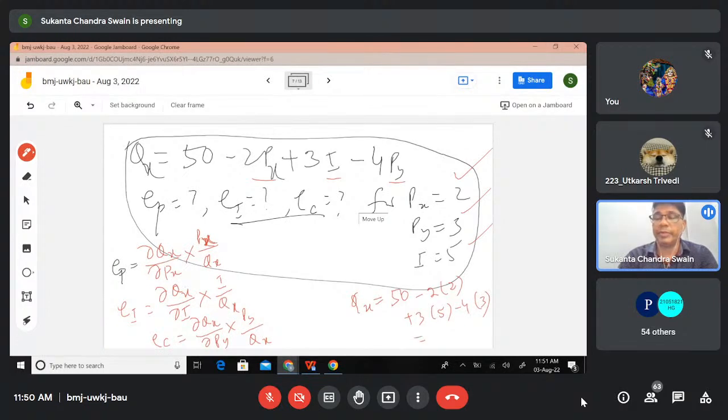So you will get the value here. Then you can compute and get the values. Like this, you put the values over here. All of you please complete this example and tell me what values you are getting for EP, EI and EC.